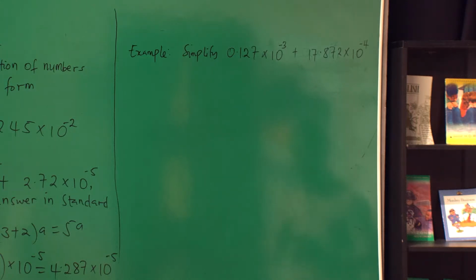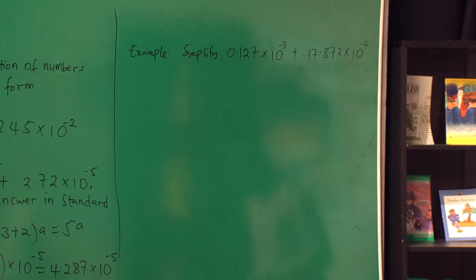You can see the first one is carrying 10 exponent negative 3 and the second one 10 exponent negative 4. You cannot do direct addition. You need to rewrite it so the terms look alike so that you can add them. That is exactly what we should be doing.